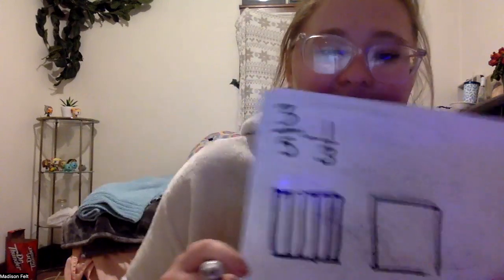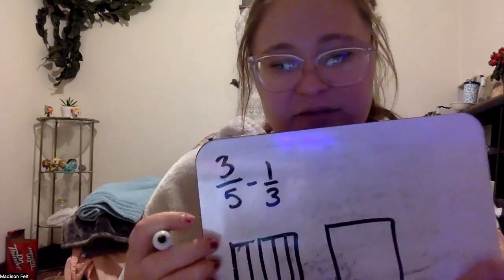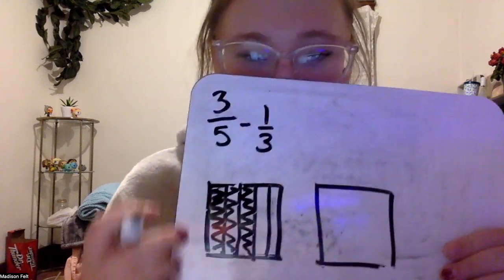So 1, 2, 3, 4, 5. Not entirely even, but it's pretty close. So I've partitioned that into fifths, and now I am going to shade in 3 of those for 3/5. So each of these is 1/5.